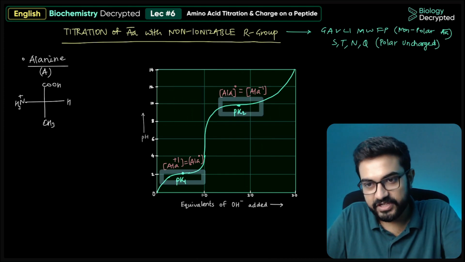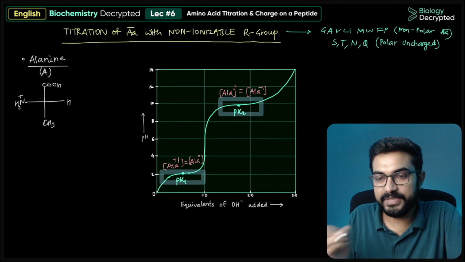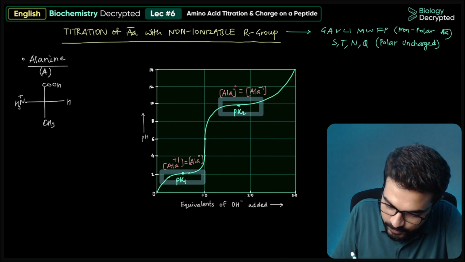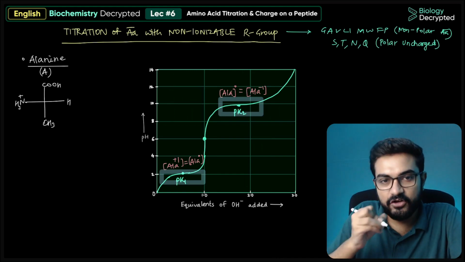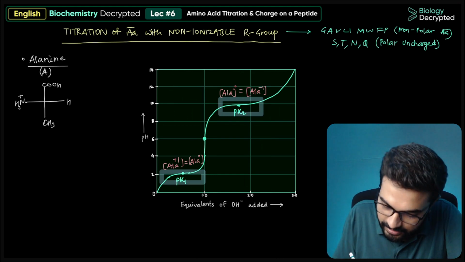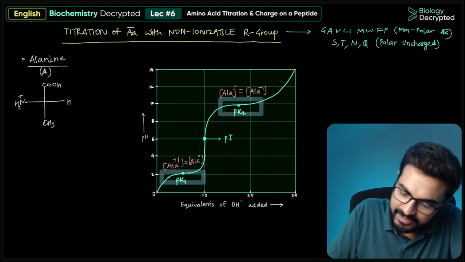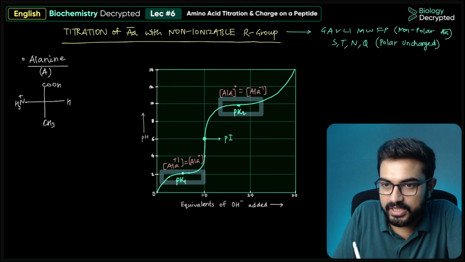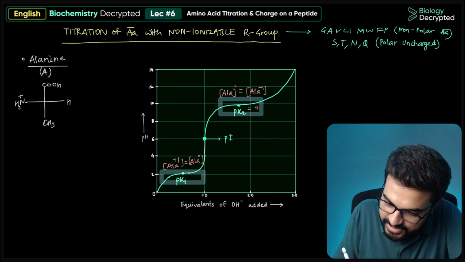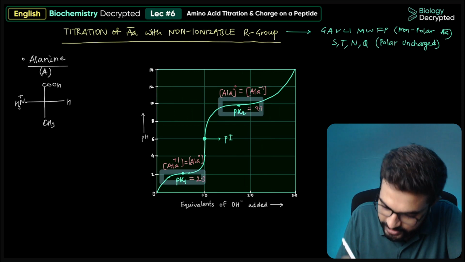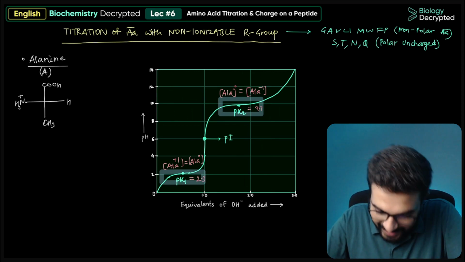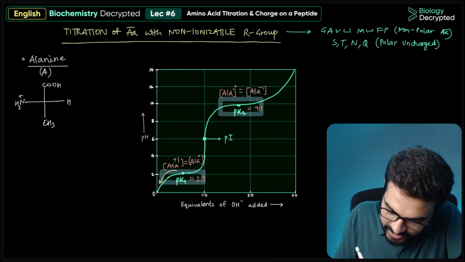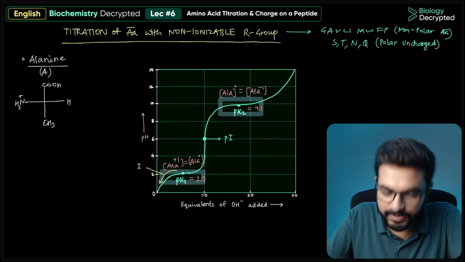Well, so these are two buffering zones, and we actually find a PI here, exactly in the middle of pK1 and pK2. Let's talk about the values. For pK2 it is 9.7, for pK1 it is 2.3. Before pK1 the dominant species was species number 1.